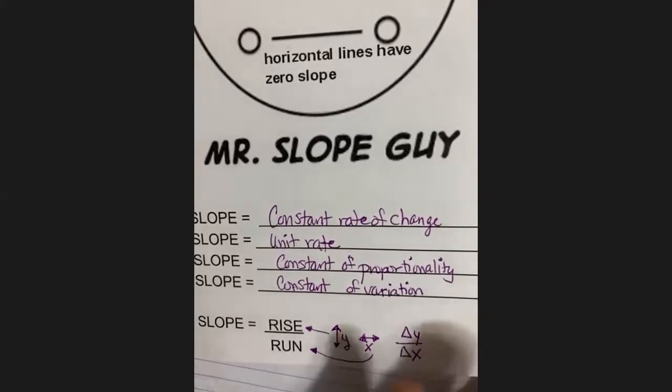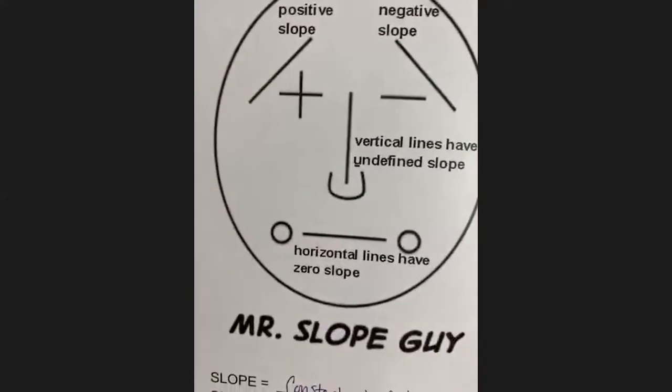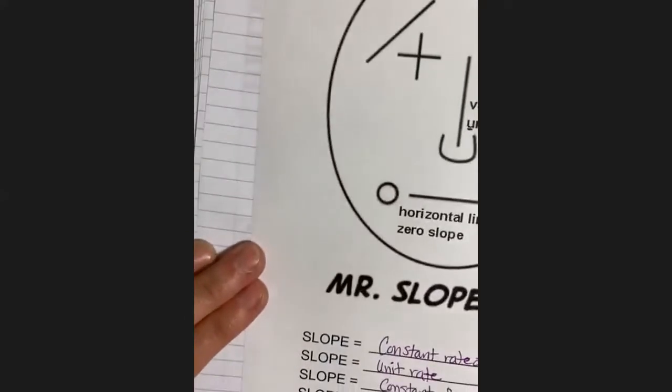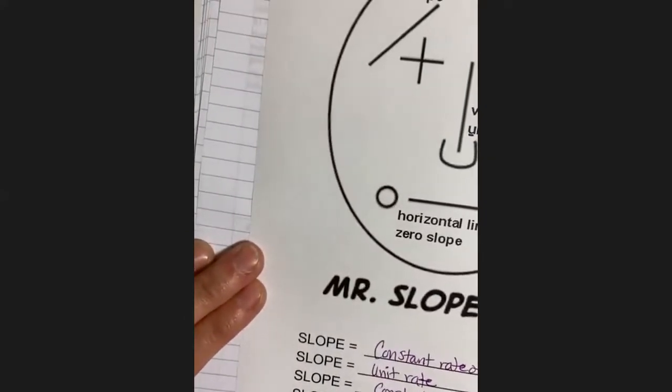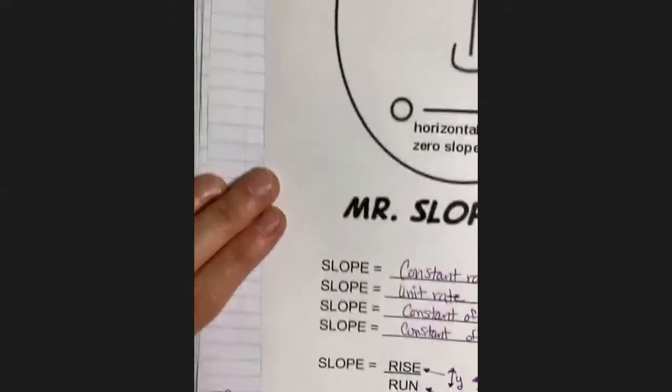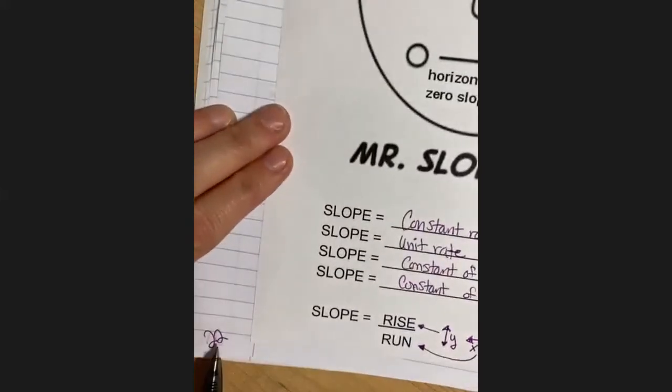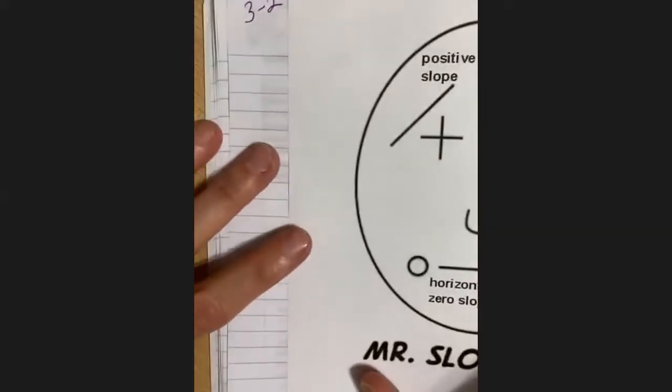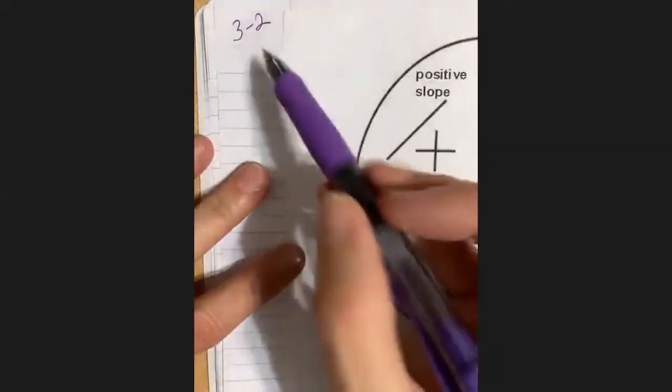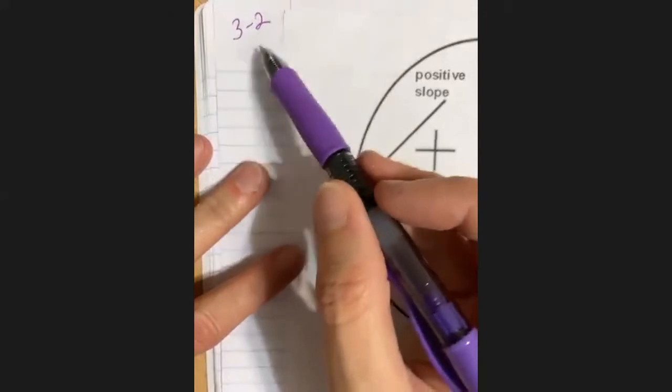We are going to be gluing this down onto page 22, and I'm not going to glue it right now because I need to make copies of it. So I'm going to let you glue it, but it should be on page 22 here on the left-hand side. 21 should be on the other side from last time. And this is 3-2, and I just put notes up there.